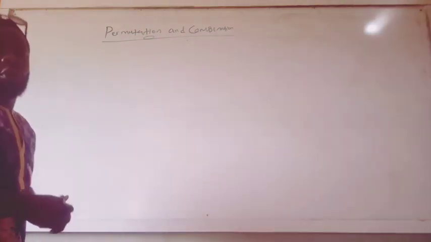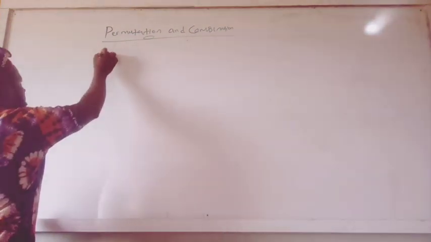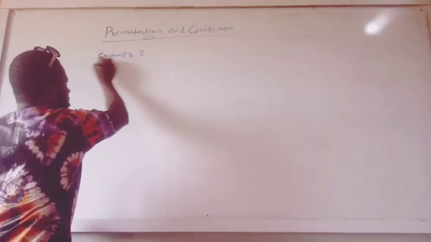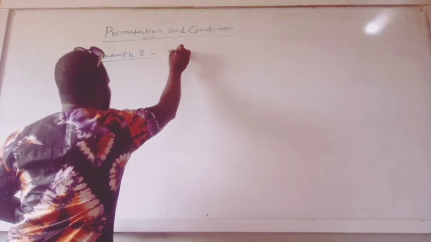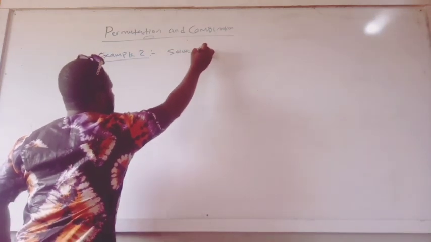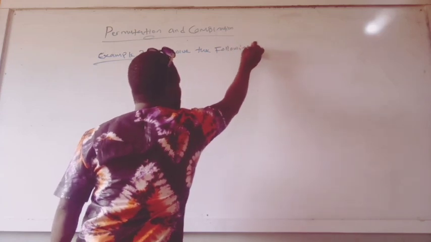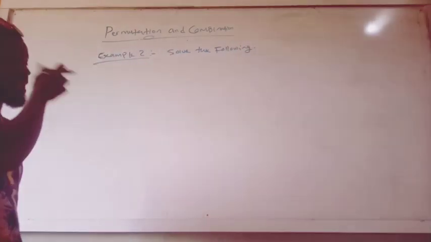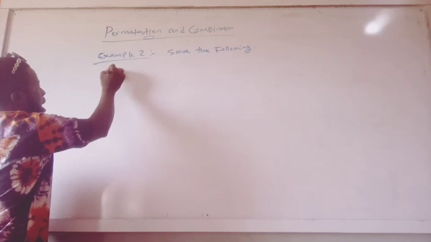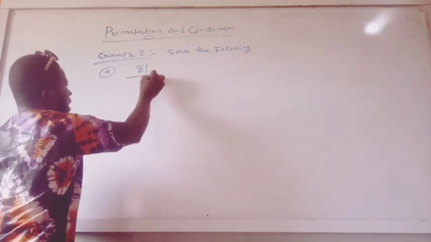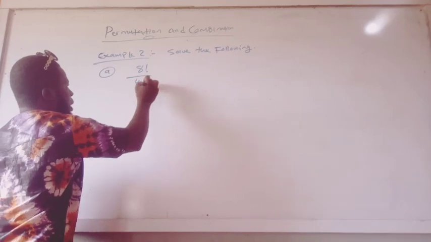So example 2, what I will ask is this: evaluate the following. If you have a question like that, how are you going to solve? Let's see, A, you have 8 factorial divided by 4 factorial.